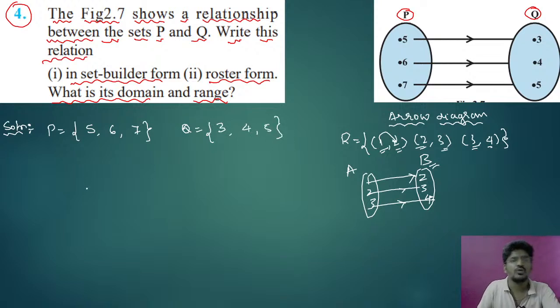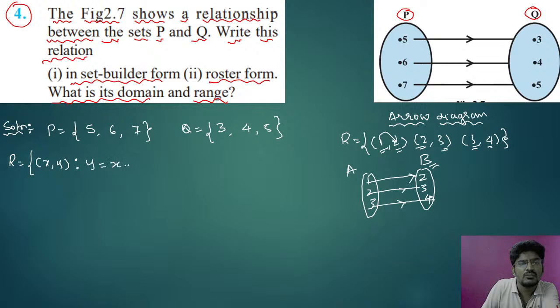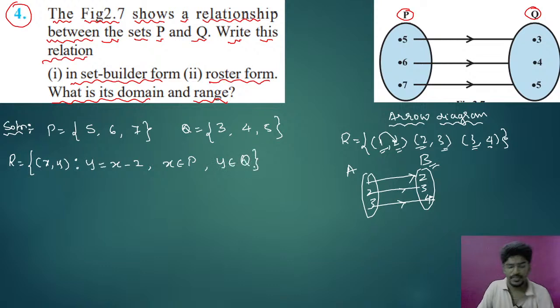Okay. So now you just see here, I have to write the relation R. The ordered pairs x comma y such that y is equal to x minus 2, where x belongs to capital P and y belongs to capital Q. Okay.